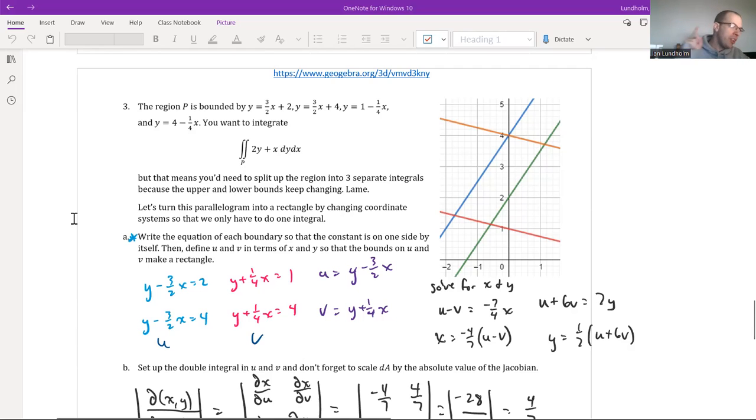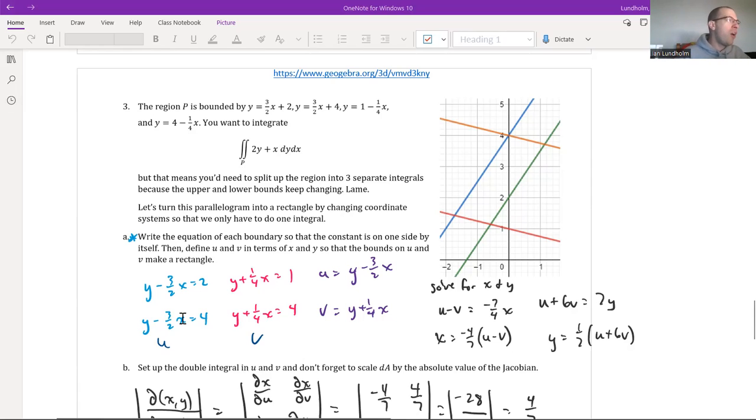The first thing that we need to do is write the equation of each boundary so that the constant's on one side. That helps us identify which substitution we're going to make, because the substitution hasn't been specified in this problem.